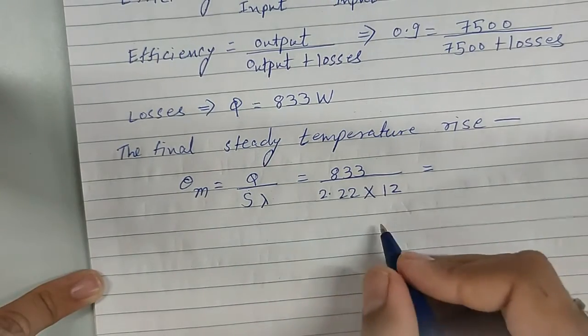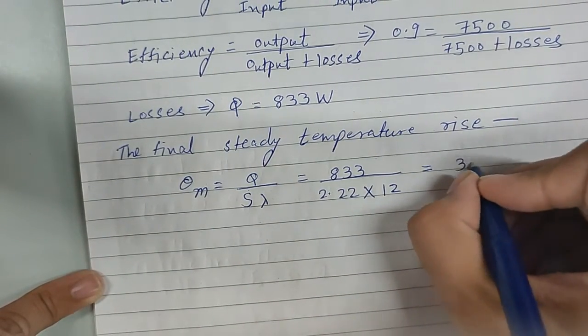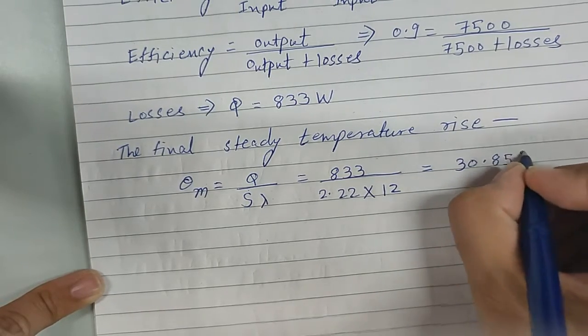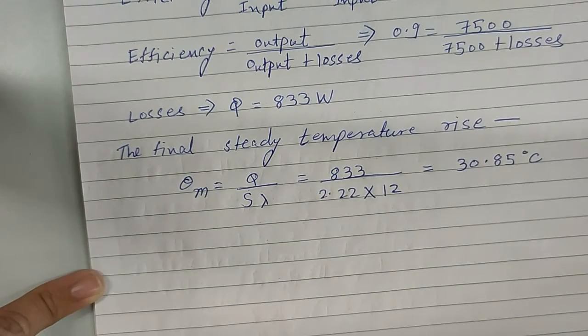So further solving this, you will get the answer as 30.85 degree centigrade. Now that is the final rise in the temperature.